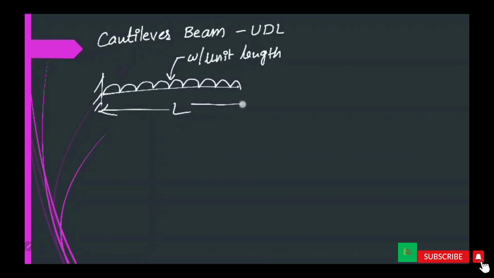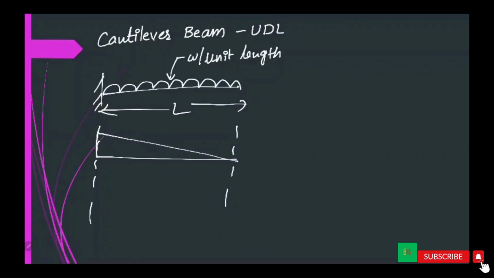This is L, and the shear force diagram will be like this, a triangle, WL. Bending moment diagram is a slightly inclined parabola, WL square by 2.